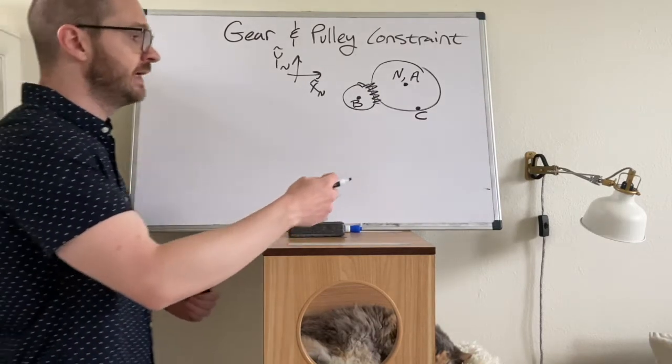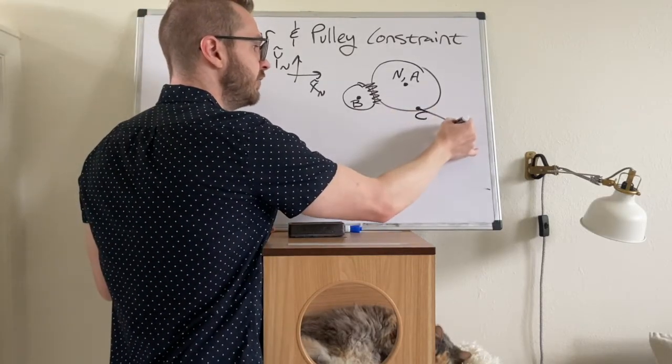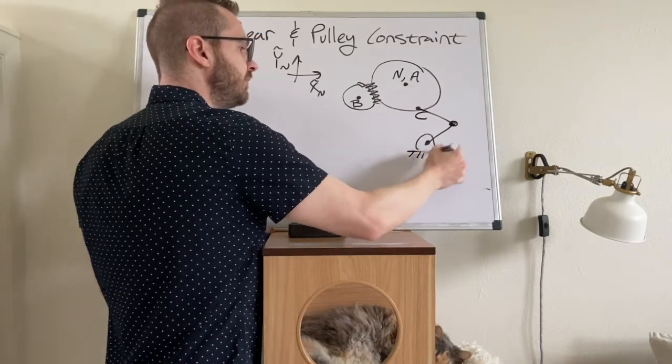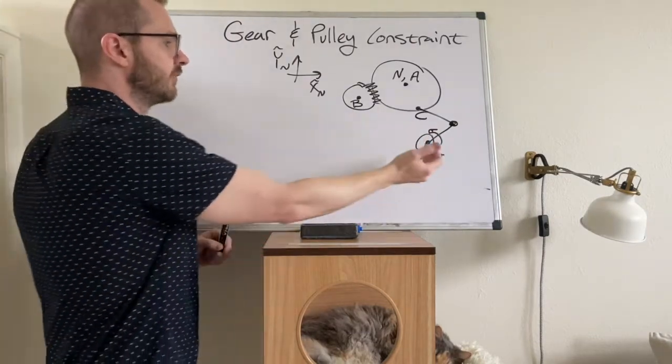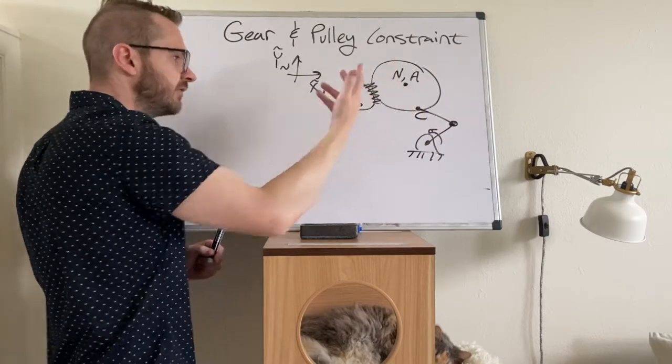This gear could be attached to something. It could be a part of some other mechanism, right? This could be some coupler, and the coupler is attached to a crank, and then the crank is connected to a motor. The motor generates a torque that turns the crank, it turns the coupler, and that drives the gear, which then drives some output gear, right?